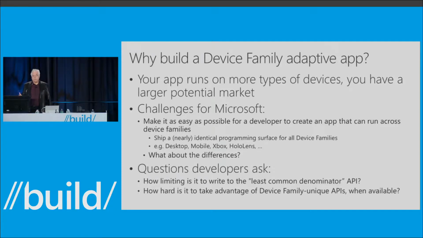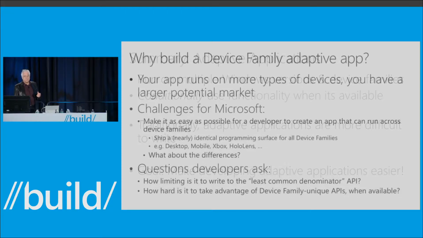And so you can just use it on anything, a HoloLens, a phone, a desktop, IoT device. But in some cases there aren't, and that's what the focus of my talk will be. How do you address the cases where they're not? You'll find that it's not very limiting. The least common denominator is so large that you're not going to hit the limitations very often at all.